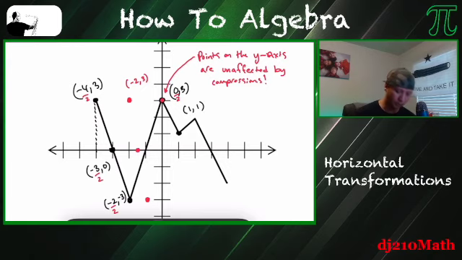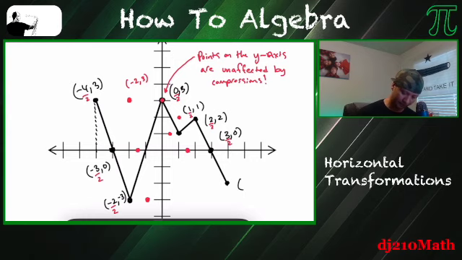To find out where the new transformed point is, we divide by 2. So x equals 1/2, y equals 1. The next point, 2, 2. Divided by 2, 1, 2. 3, 0. Again, divided by 2, this is 1.5, 0.